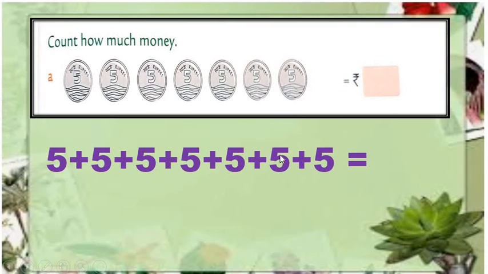So we are going to add all that 5 rupees coins. 5 plus 5 10 plus 5 15 plus 5 20 plus 5 25 plus 5 30 plus 5 35.